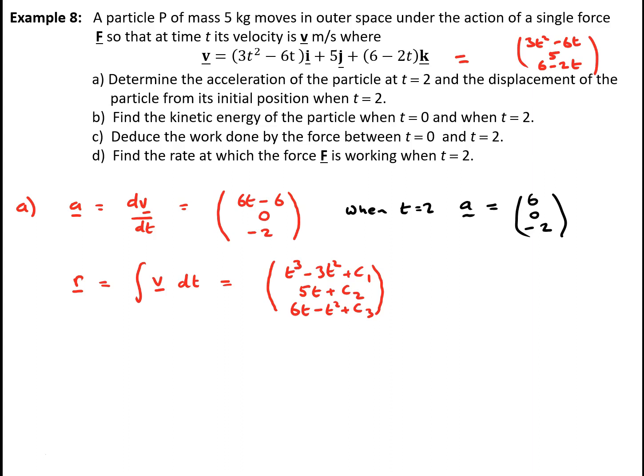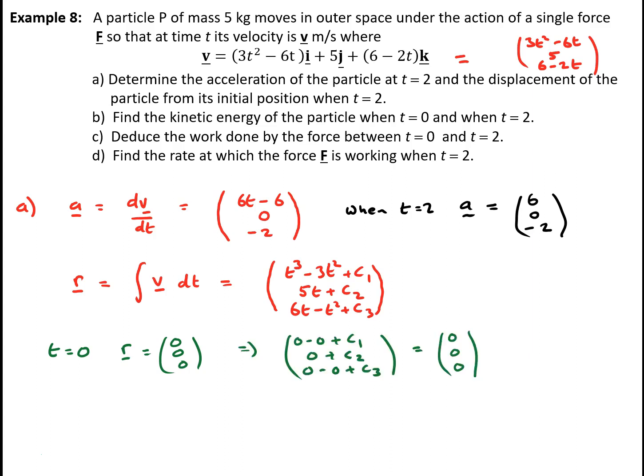We know that when t equals 0, the displacement away from the initial position is 0. So that means that when I put t equals 0 into the expression for r, I must end up with (0, 0, 0). In other words, we must have 0 minus 0 plus c1, 0 plus c2, 0 minus 0 plus c3 equaling (0, 0, 0).